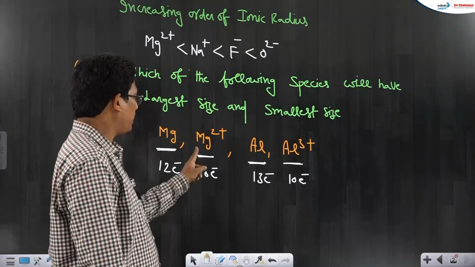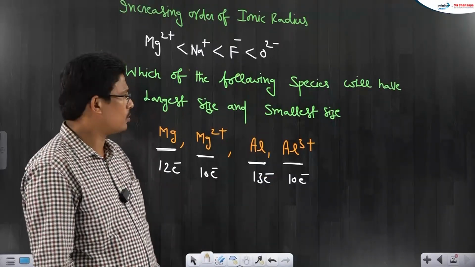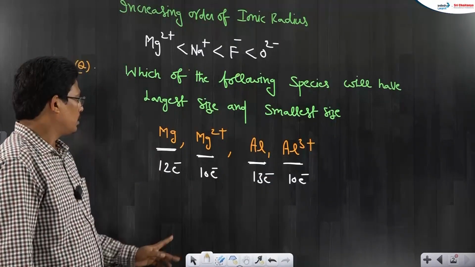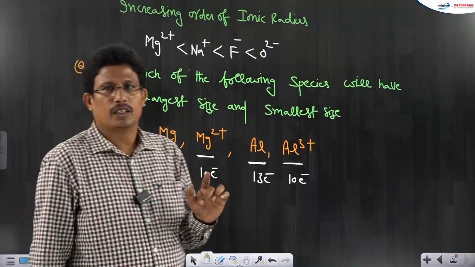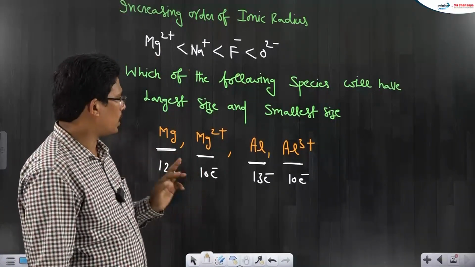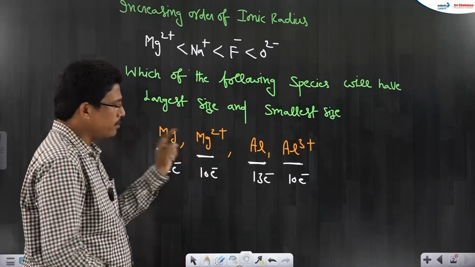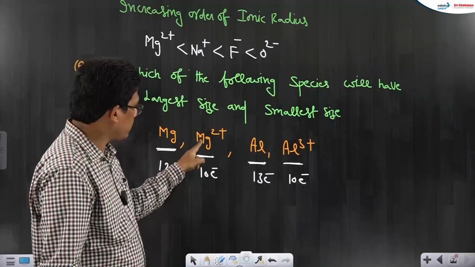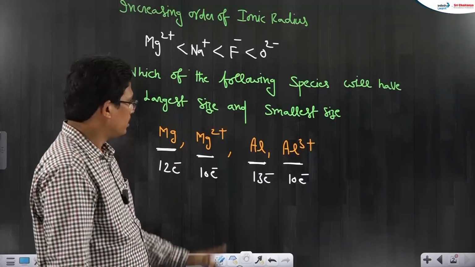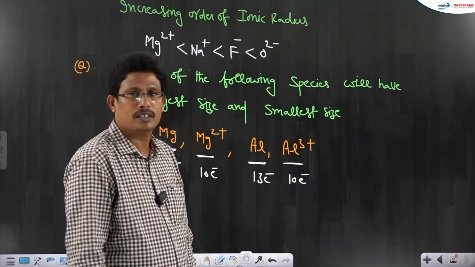Here Mg2+ and Al3+ are isoelectronic. In general, a cation is always smaller in size compared with its neutral atom. Among Mg and Mg2+, Mg2+ has small radii. Among Al and Al3+, Al3+ has small radii.